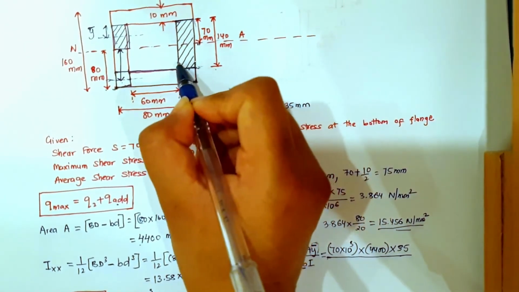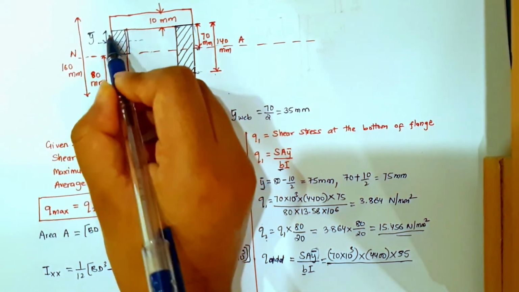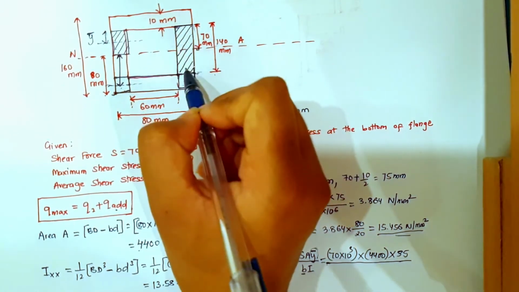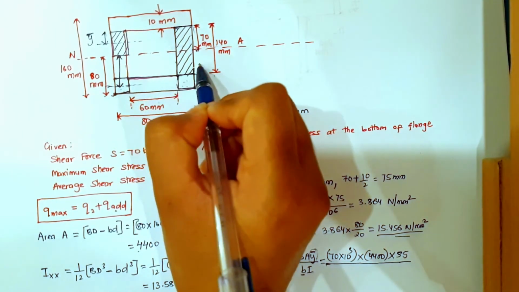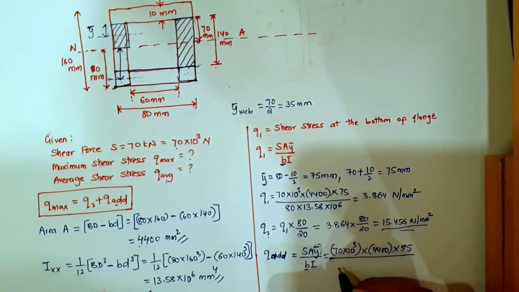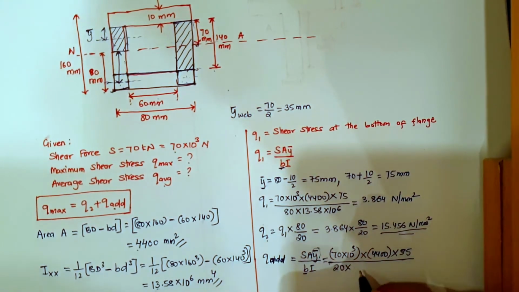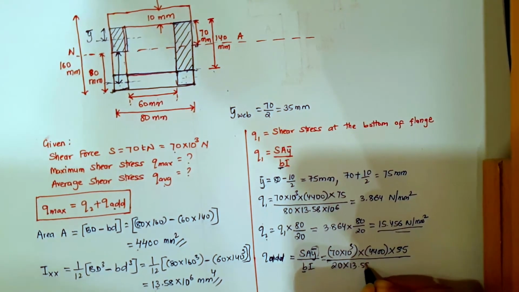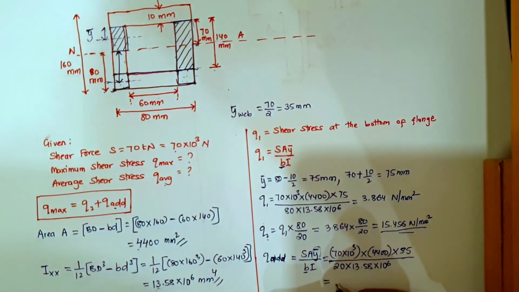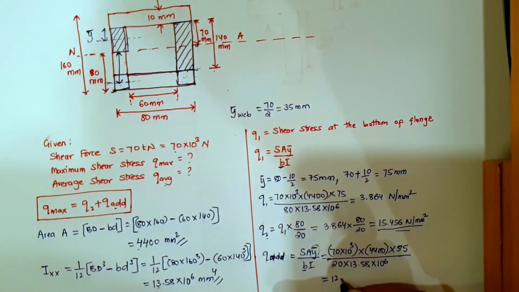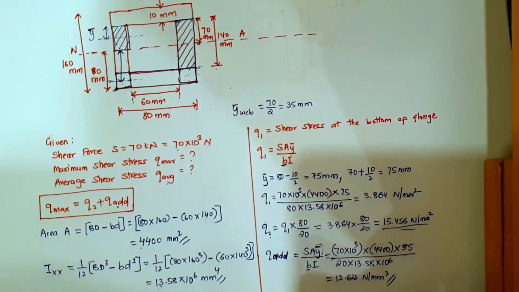There are two webs, one here and another here. So from here to here is 10 and from here to here is 10. So 10 plus 10, 20. So B here will be 20 into I, the one that we found, 13.58 into 10 raised to power 6. Now from here you will get Q additional equal to 12.622 Newton per mm square.